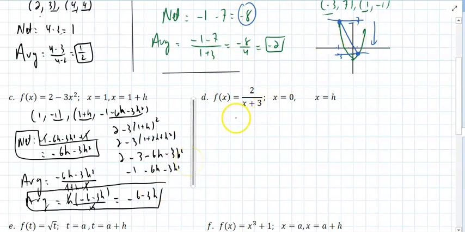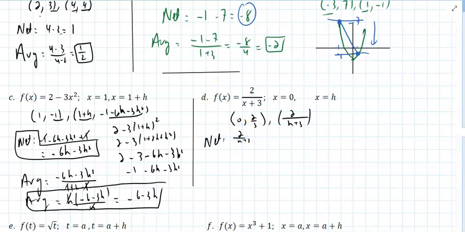Same deal here. If x equals 0, I'll get 2/3. And if x equal h, I'll get 2 over h plus 3. Again, unpleasant, something you gotta get used to. If I want to find the net, that's simply y2 minus y1, and I'll clean that up, all over 3 into 3 plus h.